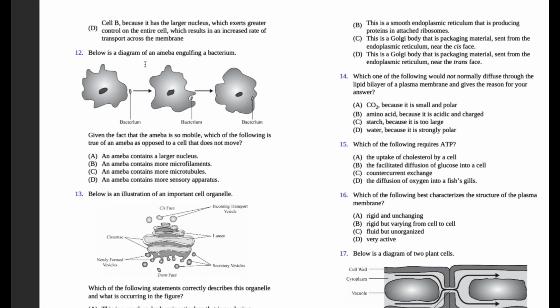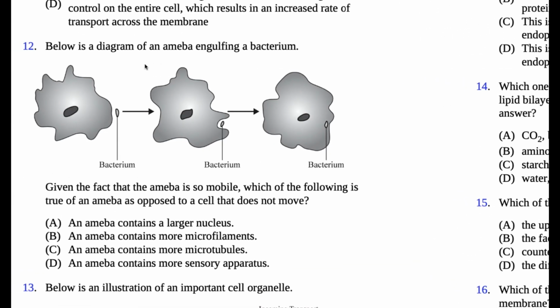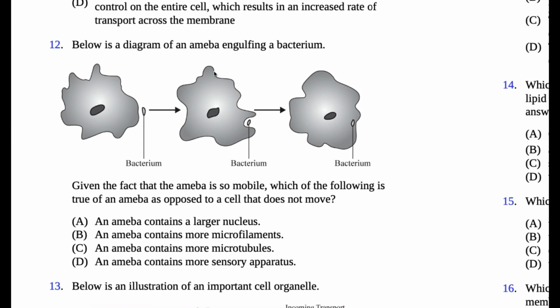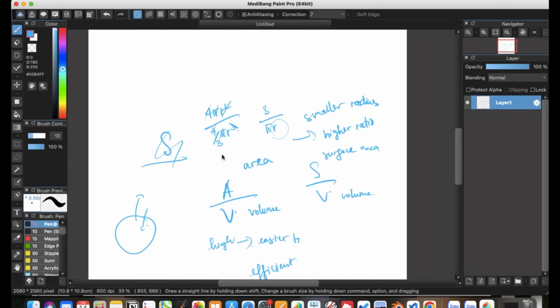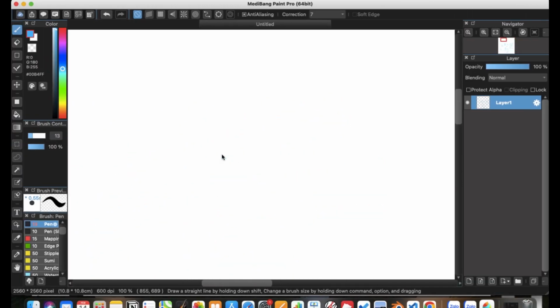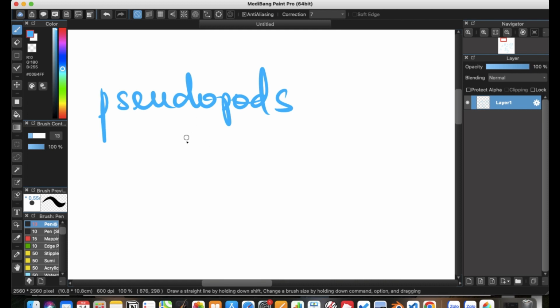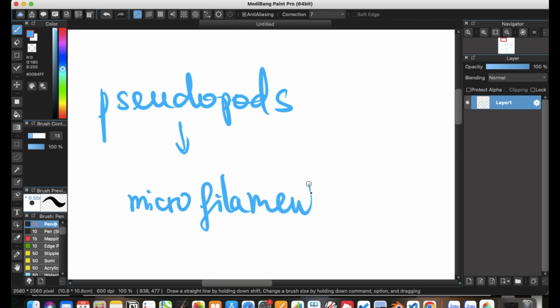Next, below is a diagram of an amoeba engulfing a bacterium. As you can see, it forms pseudopods around the bacterium in order to swallow it. As we have stated before, the formation of pseudopods is aided by the microfilaments, right?